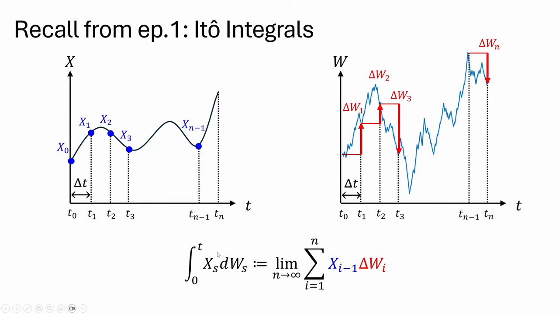And we assume that the integrand X_s is non-anticipating relative to the Brownian motion W. That is to say, at each time instance, the value of X_t is independent of the future of the Brownian motion. And last time, we integrated a deterministic function. So today we will see what happens if X_s is a random process, from which it will be clear that a new calculus is called for.